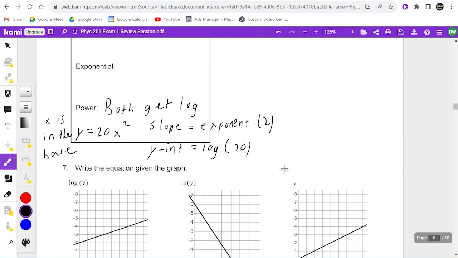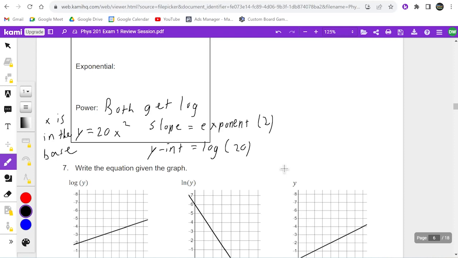Again, that can be any log. Unlike the exponential where they force you to use a log, for the power it can be any log you want. Log base 10 is the most common. Any questions there?